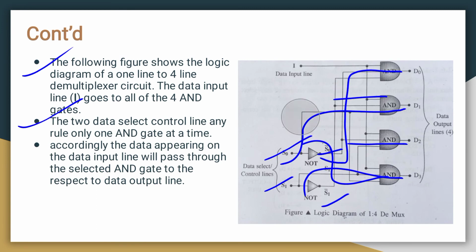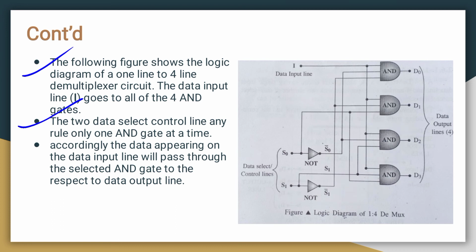It may be confusing in the figure, but go through the audio. So like this you have to design the circuit. Then the outputs are defined as D0 to D3.